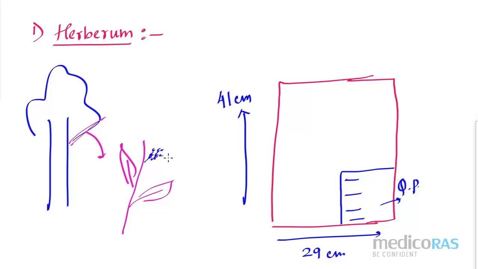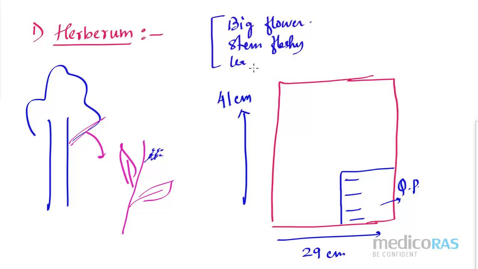Correct? But if it is a big flower, if the stem is fleshy, remember these things. What can't you collect? If the flower is big, if the stem is fleshy, if the leaf is fleshy, never collect this kind of sample, because this will not give you the proper result.